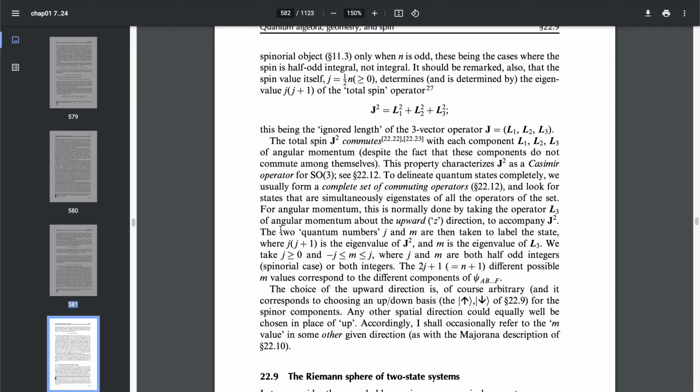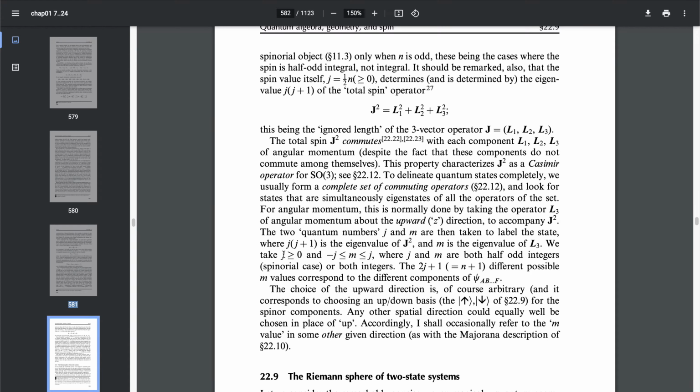So in that case we will have two quantum numbers, called j and m, to label these states. j times j plus 1 is the eigenvalue for J squared, and m will be the eigenvalue of L3 here.